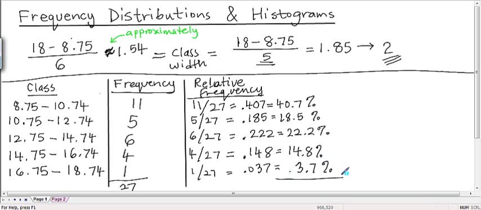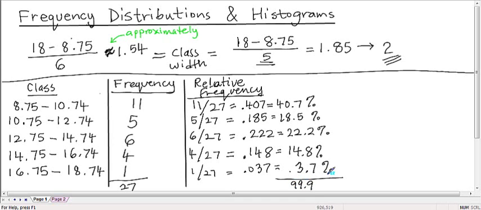Okay. And then you want to go ahead and add these. So 40.7 plus 18.5 plus 22.2 plus 14.8 plus 3.7. And I get 99.9%.